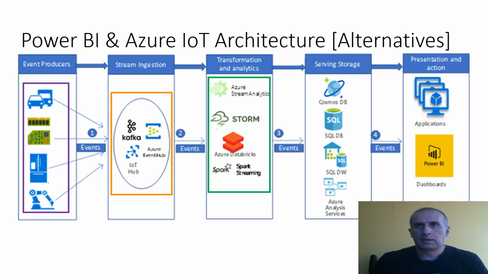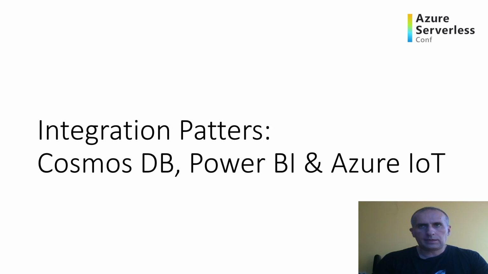It is possible to have Azure Databricks for processing or Apache Storm, and it is possible also to use different data storages, but in any case, CosmosDB is one of the most applicable options for data persistence, and Power BI is one of the most popular options for data analytics and visualization. Let's now take a look at the different integration patterns which we have for CosmosDB and Power BI in the context of Azure IoT solutions.